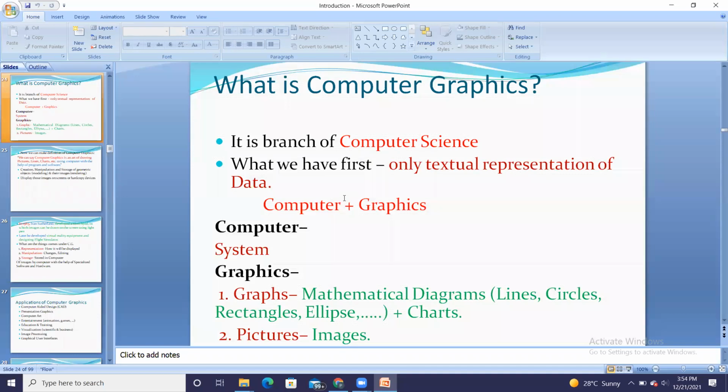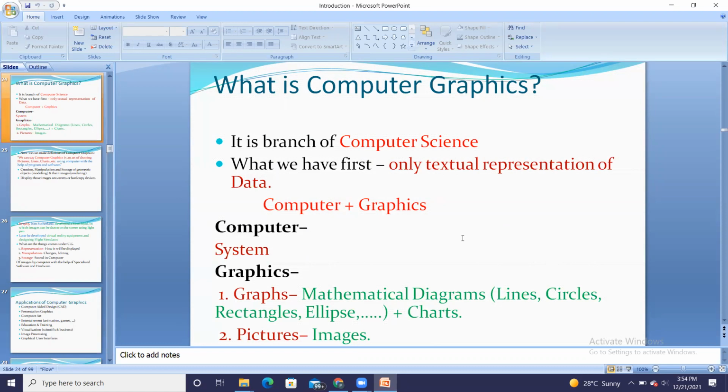Okay, so see here, computer graphics is a branch of computer science where we are going to make use of different representations. Like you can have the diagrams, like one of you has told, just the designs.